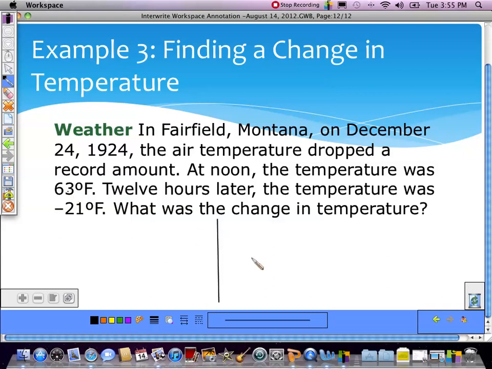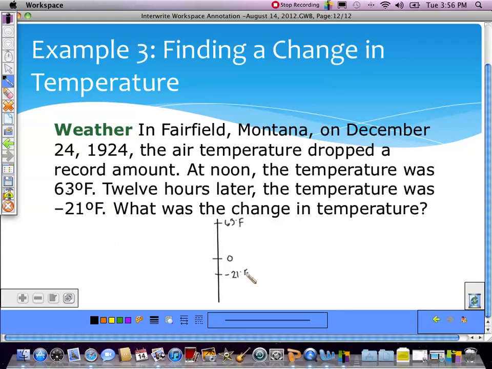Sorry, guys. Okay. So the temperature starts at 63 degrees Fahrenheit. So this mark will represent our 63 degrees Fahrenheit, and it drops to negative 21 degrees Fahrenheit.